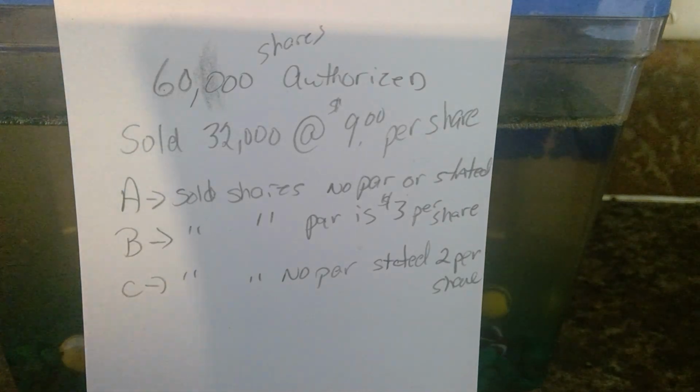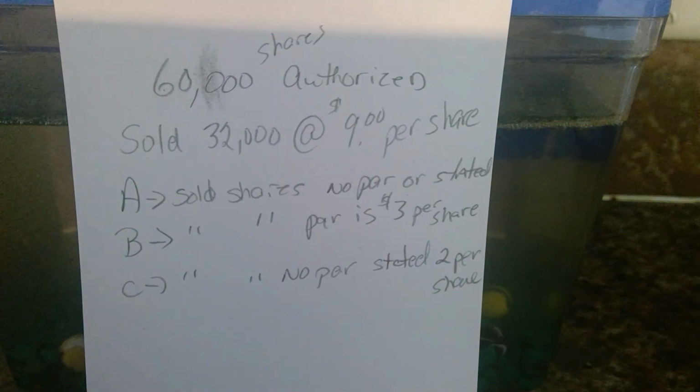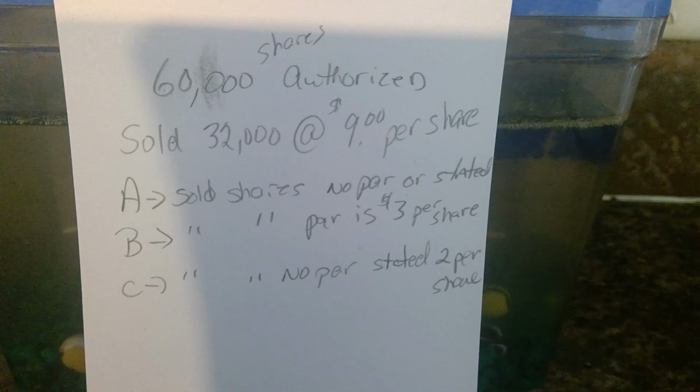So 288 minus 64 leaves you a total of $224,000. That amount is going to be your credit for additional paid-in capital. And then what I want you to do is go back and double check to make sure that the 224 plus the 64 gives you the correct total of 288.